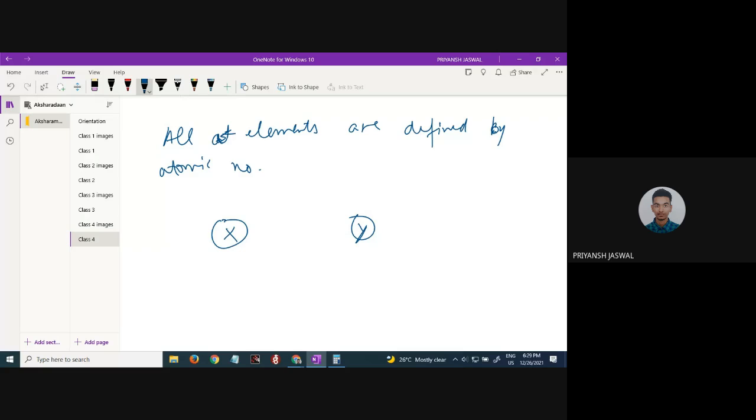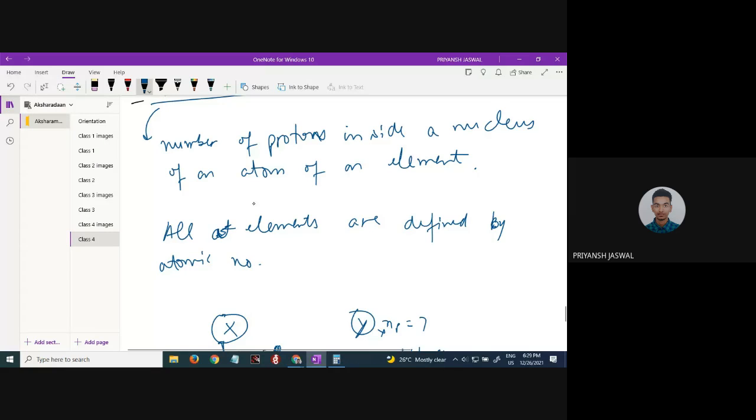We will just calculate the number of protons it has. Suppose it has 8 protons, so it will be oxygen. If it has 7 protons, then it will be nitrogen. So the atomic number itself defines the elements, and it is denoted by Z.